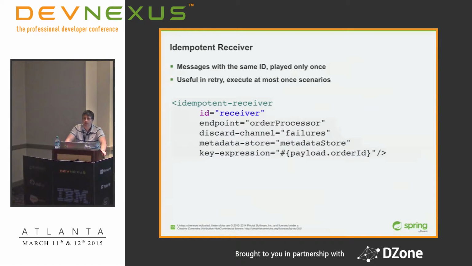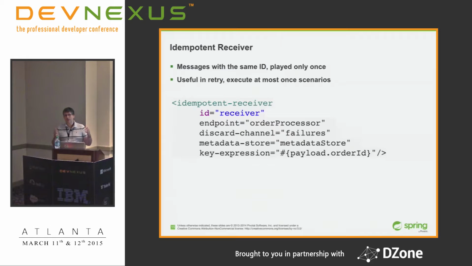The third pattern that has been added, and for which we have added support, is idempotent receiver. Basically, in scenarios where you have support for retry, very often you are too conservative. You can't tell whether a message has been processed or not if you haven't received a confirmation.